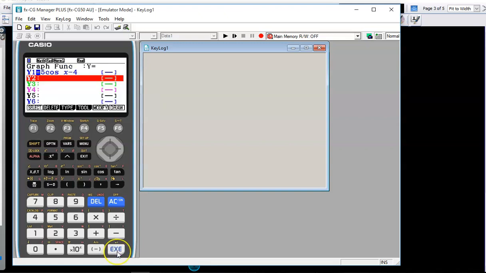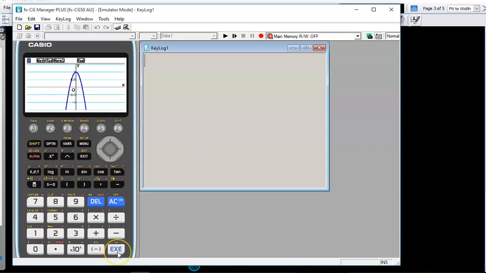When I press draw now, I might not get anything. I might get something, who knows, but I'm not going to be worried. Here comes your best friend button. Ready? Shift, Zoom, Auto. Nice graph.